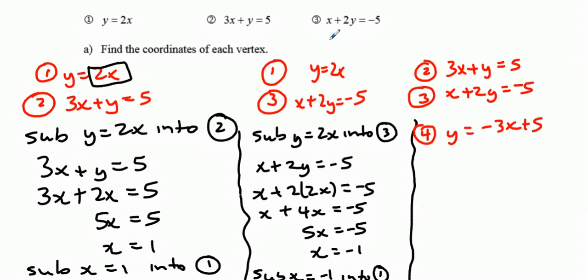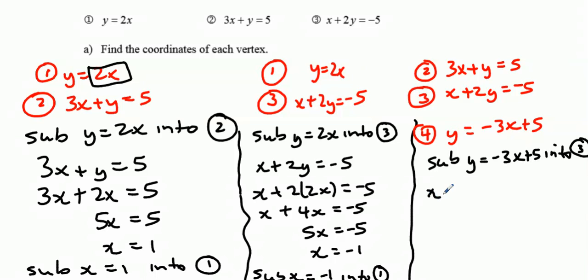Now I'm going to substitute y equals negative 3x plus 5 into the other equation. So this one came from here, right? This one came from this one. So now I have to substitute this into the other one, so into 3. Wherever there's a y, I'm going to replace it with minus 3x plus 5.